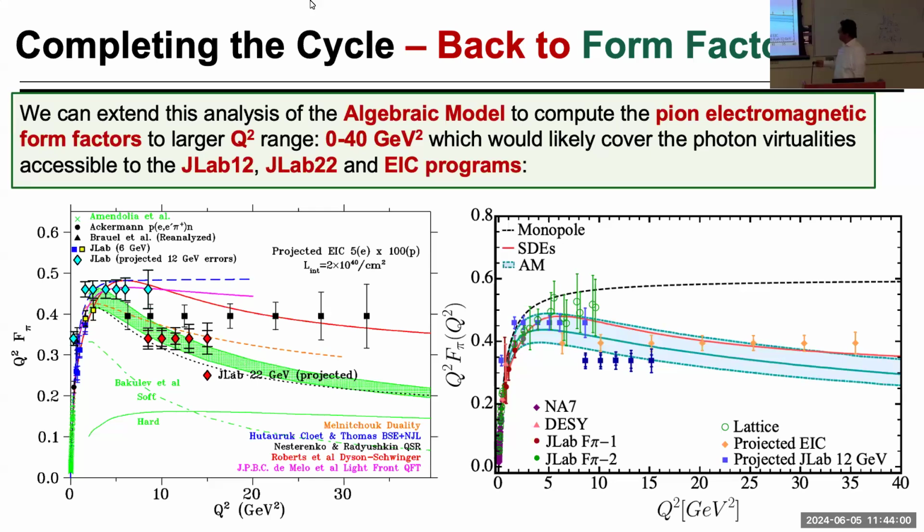So we could manage to calculate the pion form factor to as large a Q squared as possible using this algebraic model, and this blue band is coming from this algebraic model calculation. Here I would mention that there are lots of groups working on this, like at Brookhaven National Laboratory.